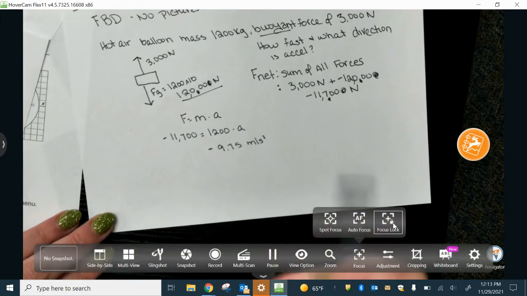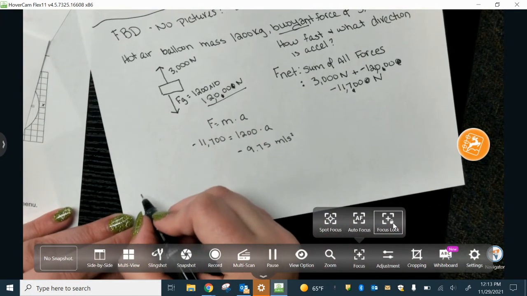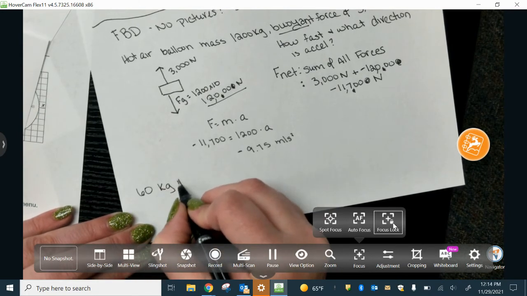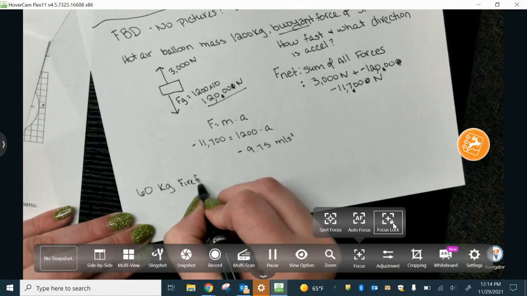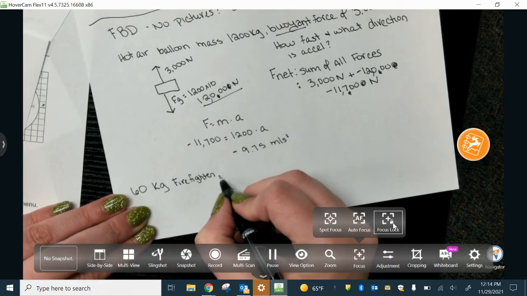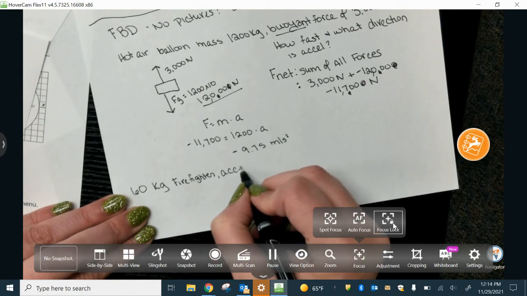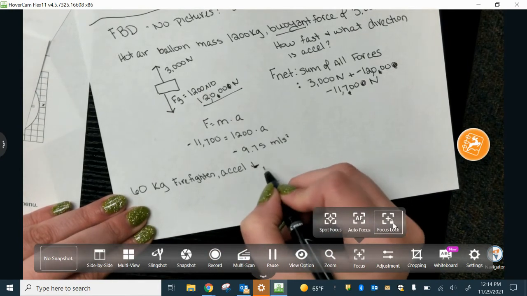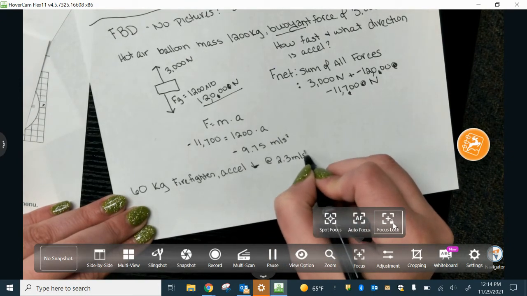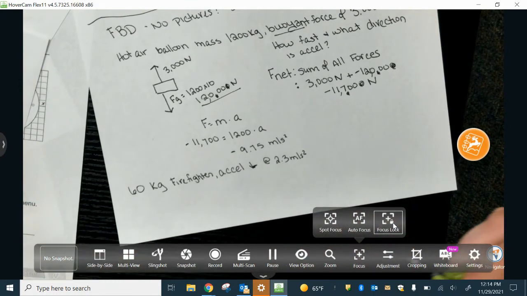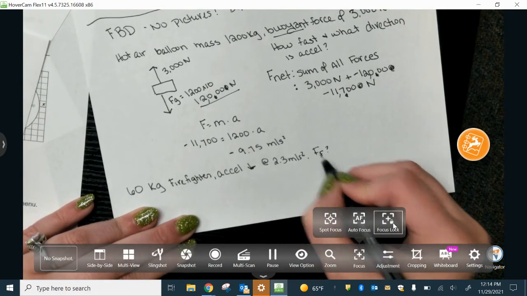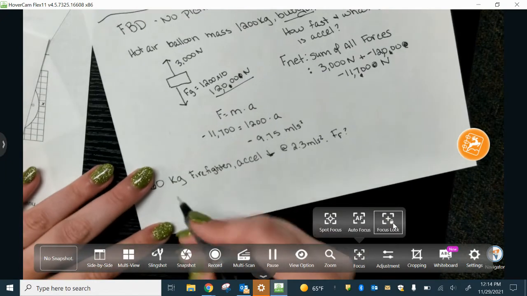All right. Same thing. If you have a 60 kilogram firefighter and he's accelerating downward at 2.3 meters per second squared, and you want to know what that frictional force is, the first thing you gotta do is draw his free body diagram.